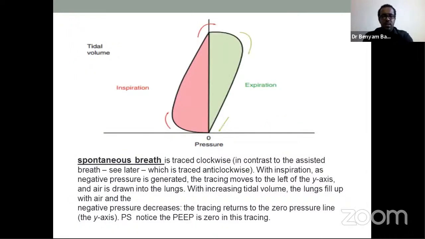During spontaneous breathing, when the patient is generating negative pressure and breathing, the inspiratory limb, unlike the assisted or controlled breath, will be clockwise. So there will be negative pressure generation. The negative pressure will be present on the negative part of the x-axis, and it will be the inspiration, followed by expiration.